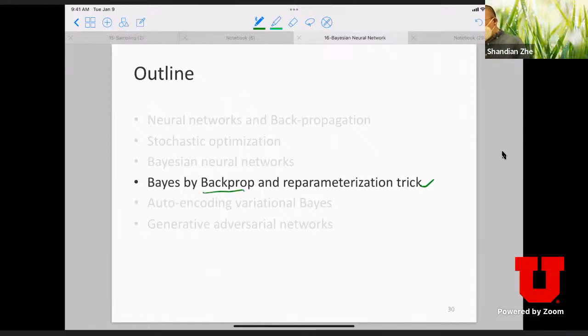And the key technique used inside this Bayes by backpropagation algorithm is the so-called reparameterization trick. And this is really, really important. I want to emphasize it's not only applicable to neural networks, it's actually applicable to almost all probabilistic models. So it's very important. But we want to use neural networks as an instance to illustrate the idea.